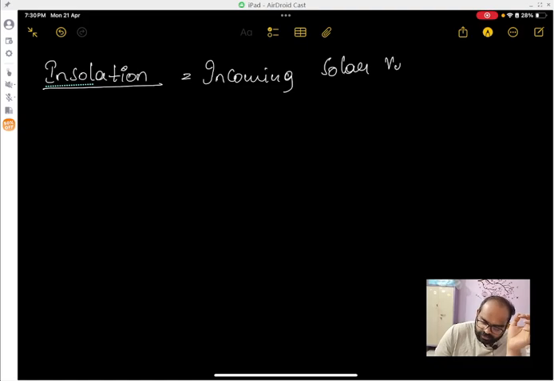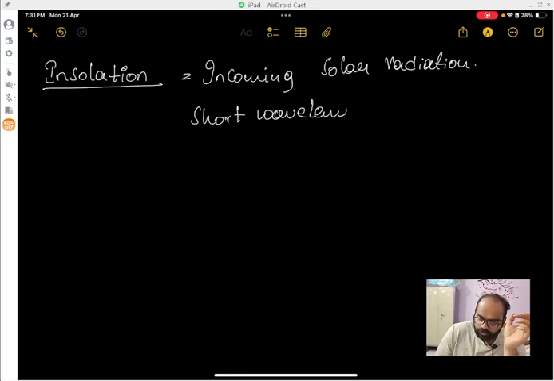We learned in the previous class that solar radiation travels in short wavelength. Why short wavelength, and why long wavelength for terrestrial radiation? I have explained it in the previous class. Please do watch it. Insolation means incoming solar radiation, and it comes in short wavelength.